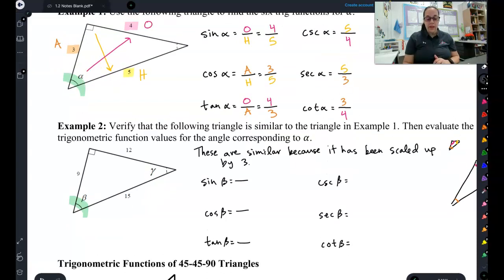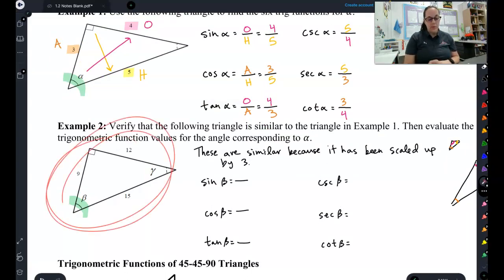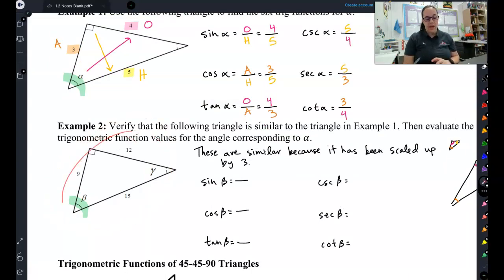So what I would like you to do is practice SOHCAHTOA this time. So pause the video, label the sides of this triangle HONA correctly, and then use your SOHCAHTOA to fill in these fractions. Don't forget to simplify the fractions if you can, and then flip the fractions to find these ones. So pause the video, practice all that, and then come back to check your work.